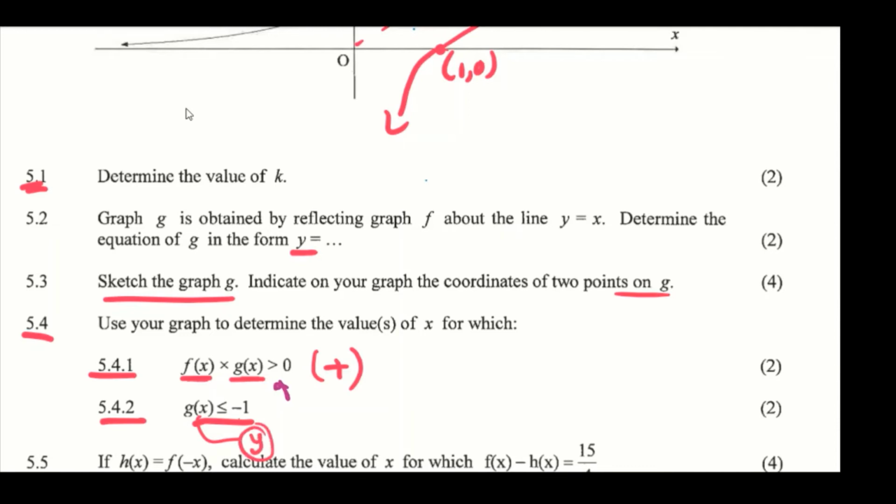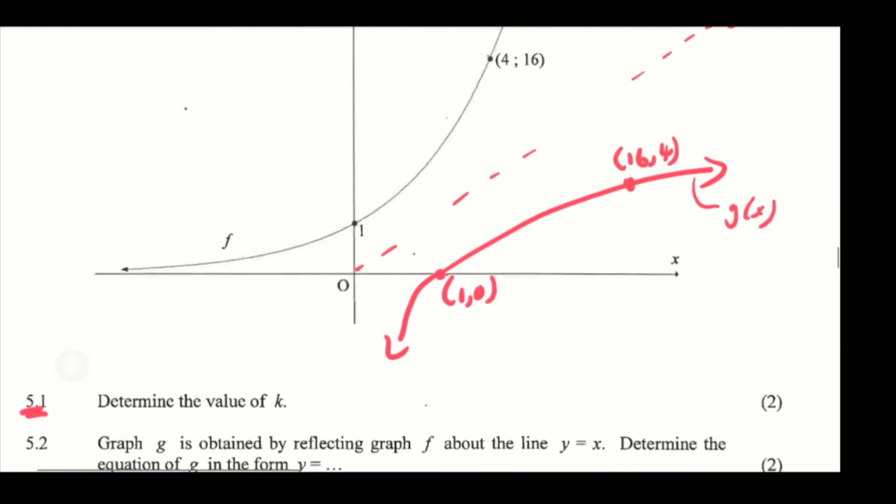So you look at the behavior of y values, where in the graph your y values are less than or equal to negative 1. So because we're looking at this g of x, the negative y values of this g of x start here, so it's negative, negative, negative, going down, right?